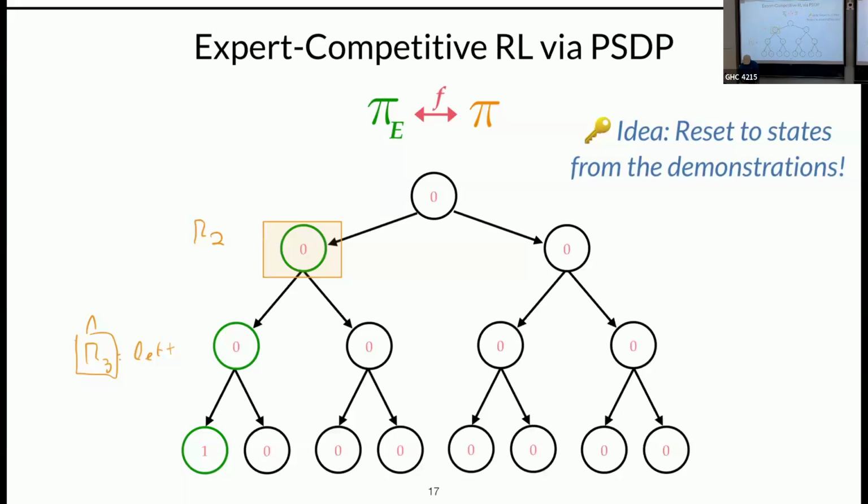So I can either go left here and then go left again, in which case I'll get reward 1, or I can go right here and then go left again, in which case I'll get reward 0. So again, I'm just going to pick to go left.